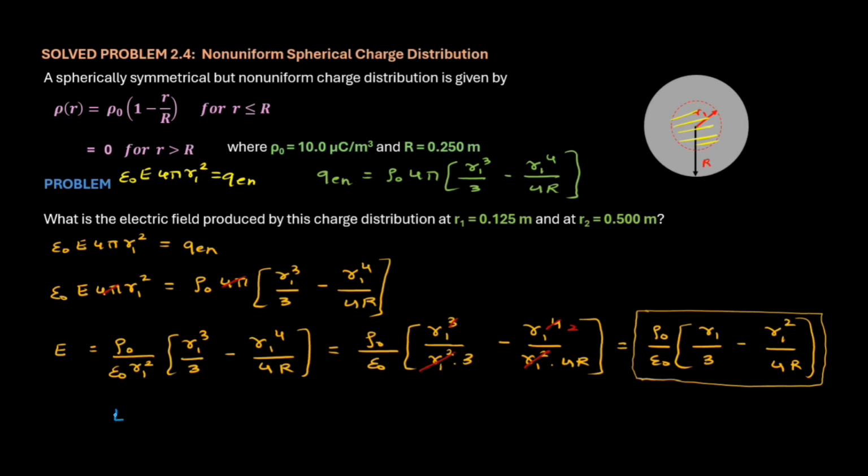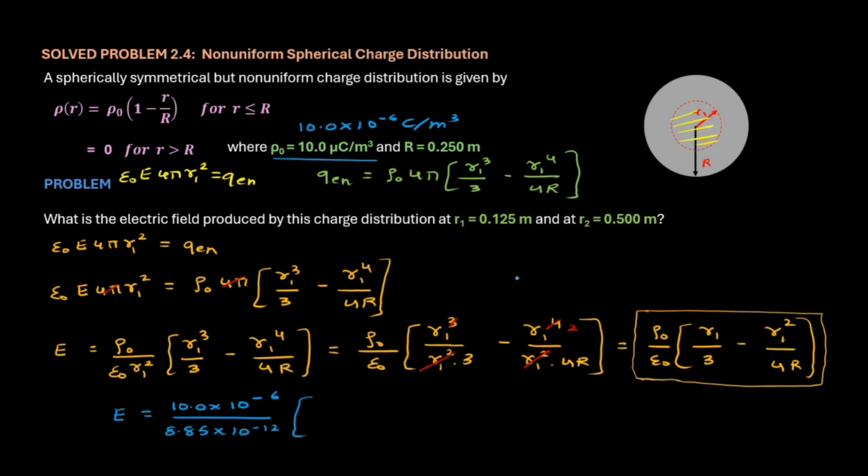And I can substitute the values to solve for E as we know rho naught is equal to 10 microcoulomb per meter cube. So microcoulomb per meter cube I can write as 10 to the power negative 6 coulomb per meter cube. So rho naught will be 10 times 10 to the power negative 6 over epsilon naught is 8.85 times 10 to the power negative 12.